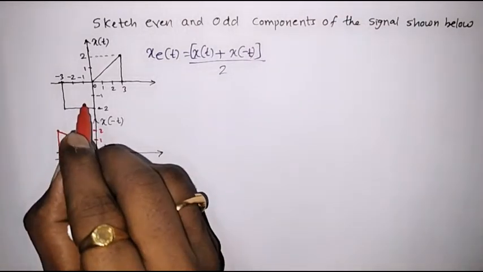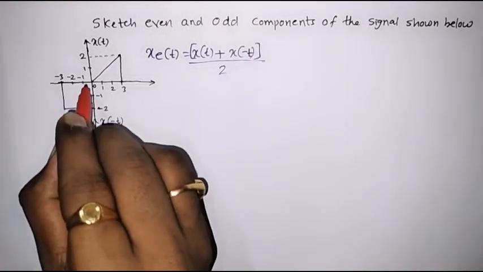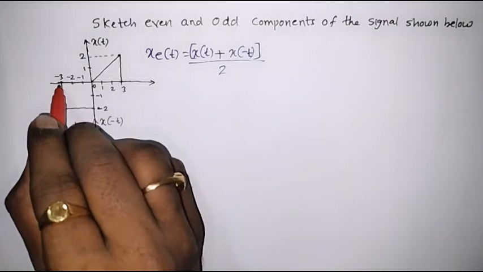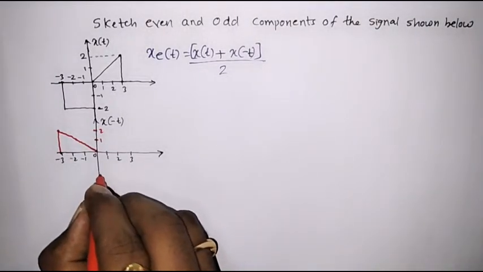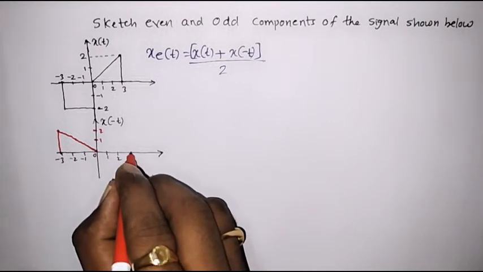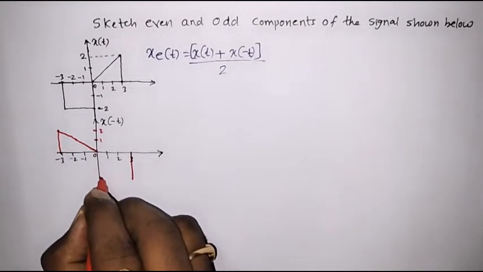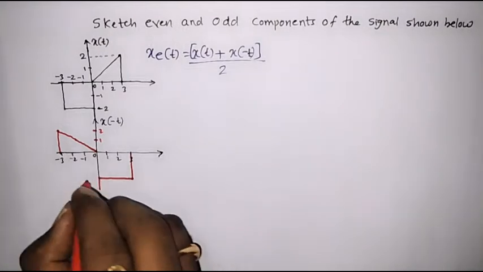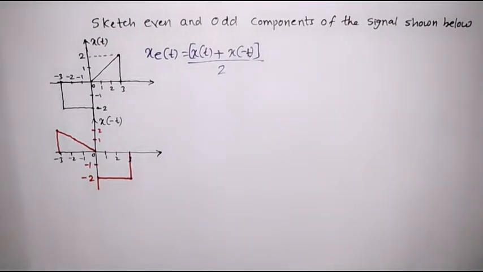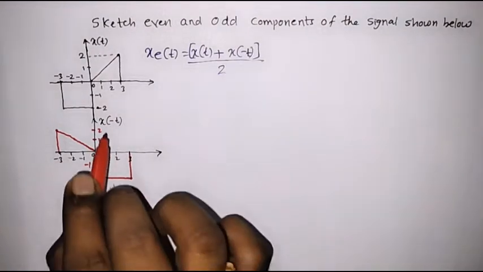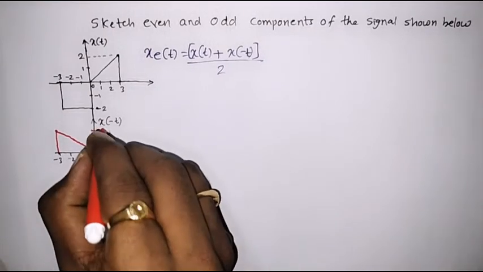And here we have a square-like signal from 0 to minus 3. The same thing will appear on the right-hand side. The amplitude is minus 2. Somewhere here I'll take it as minus 1. So this is x of minus t.